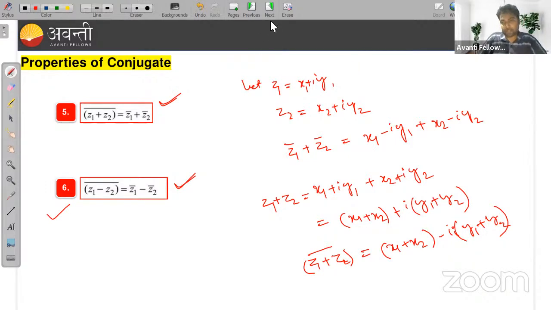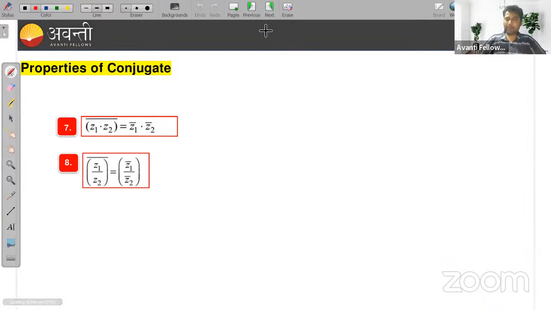Okay, let's move to the next property here. We have a lot of properties in conjugate. The seventh one is saying that conjugate of Z1 into Z2 is equal to conjugate of Z1 into conjugate of Z2. This rule applies for addition, subtraction, multiplication, and also for division.